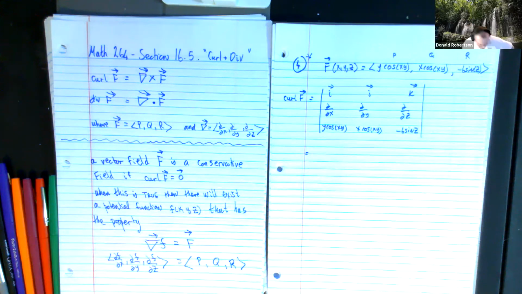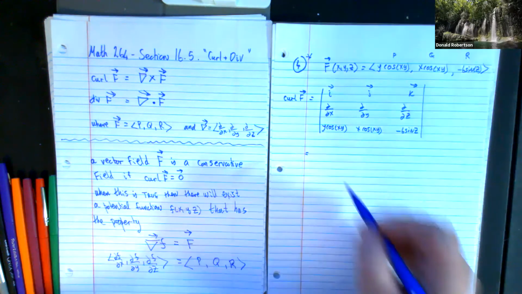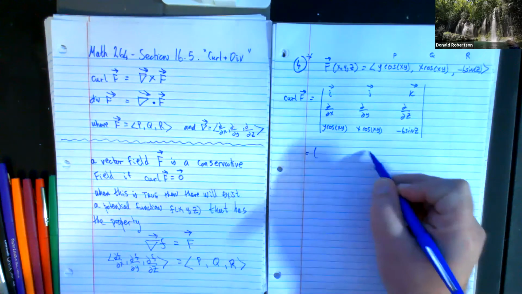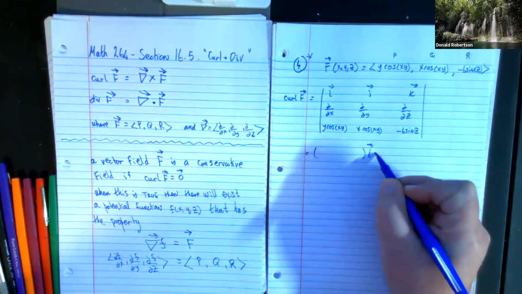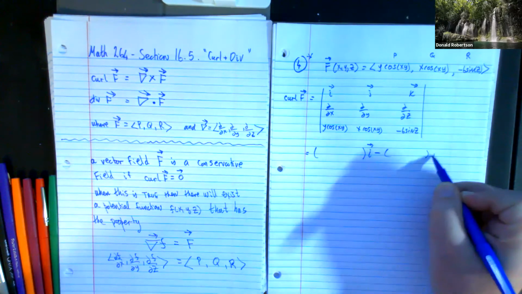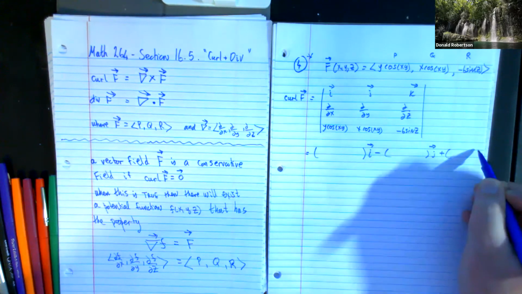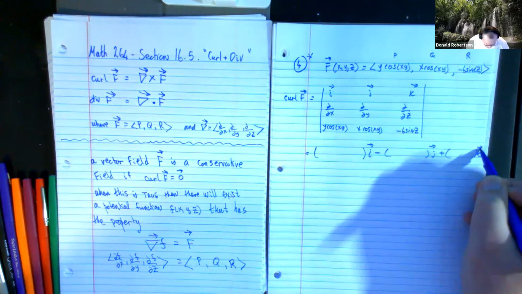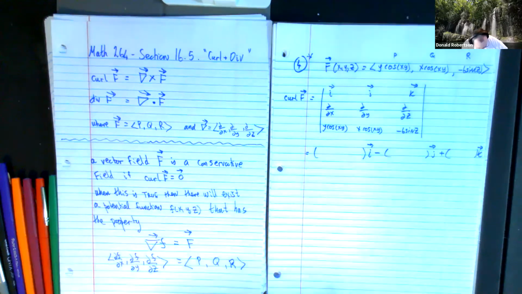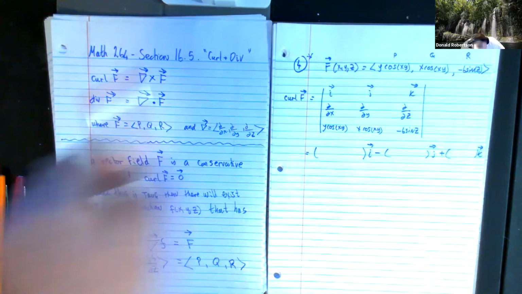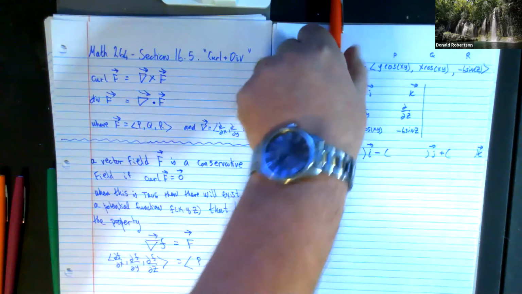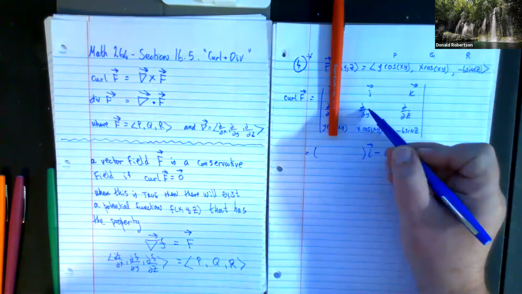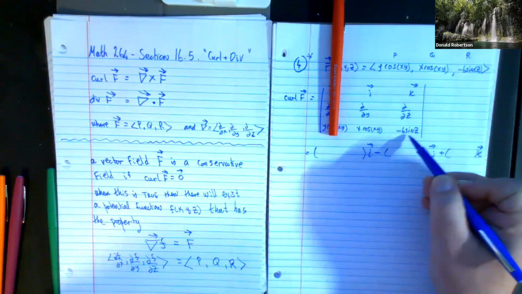Nothing amazing. We're going to get so many i's, take away so many j's, plus so many k's. Okay, keep an eye on me here, in case I go wonky. That's 0, right? If you differentiate this with respect to y, you get 0.